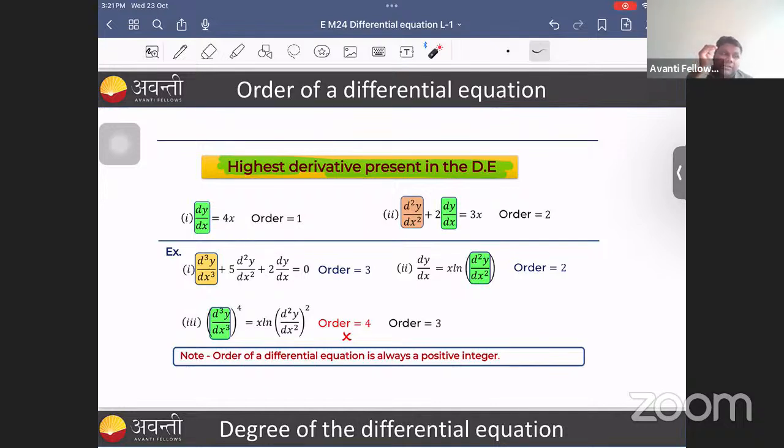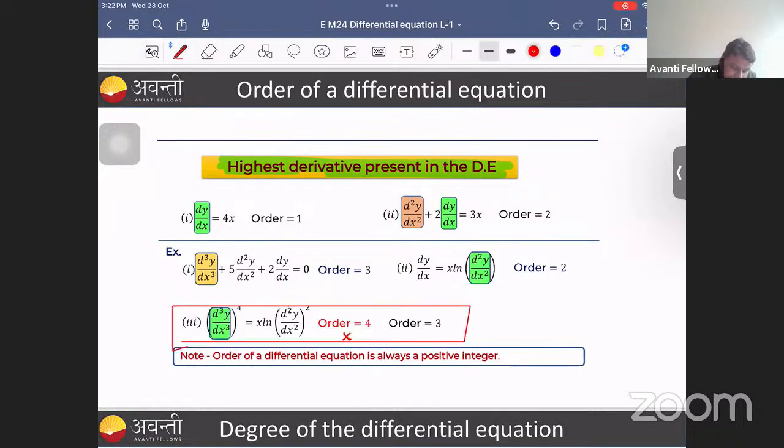Now, if you see it here, the order is 2. If you see it here, the order is not 4. The highest order derivative is 3, so the order is 3. This is very important to notice: the order is not 4, the order is 3, because a third order derivative is being taken here. Got it?